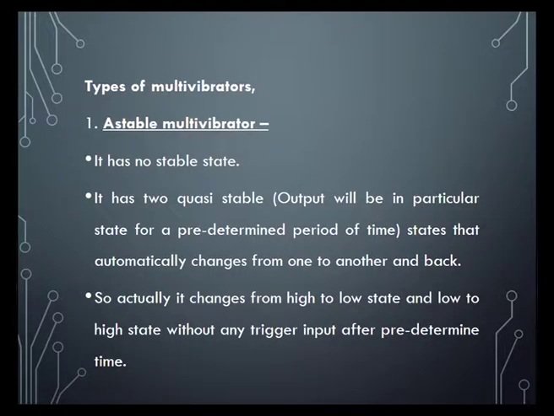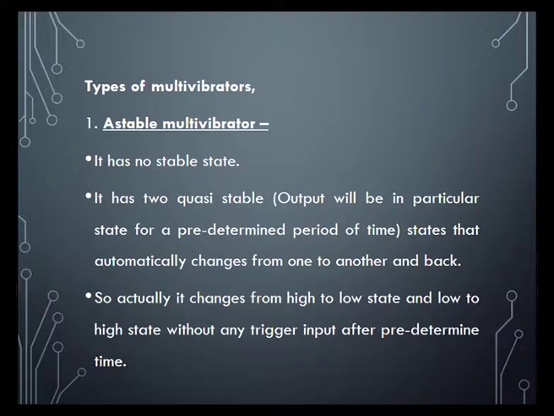Next will be the types of multivibrator. There are actually two types of multivibrator. One is the astable multivibrator and the other is the monostable multivibrator. Astable, as the name itself says, means stability is absent.